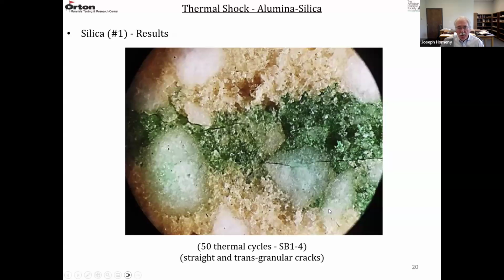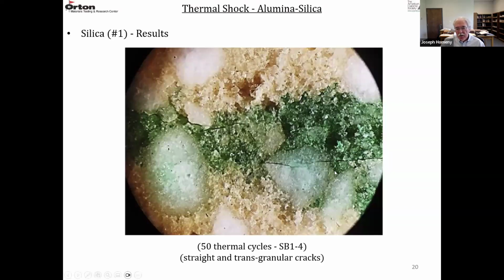They did some optical photographs of the surfaces of these materials. This is the field of view for a crystalline silica brick after 50 thermal cycles. You can see the crack here, see another crack here. These cracks are very straight. Ideally, for a thermal shock material, you want a very tortuous fracture path to dissipate as much energy as possible.